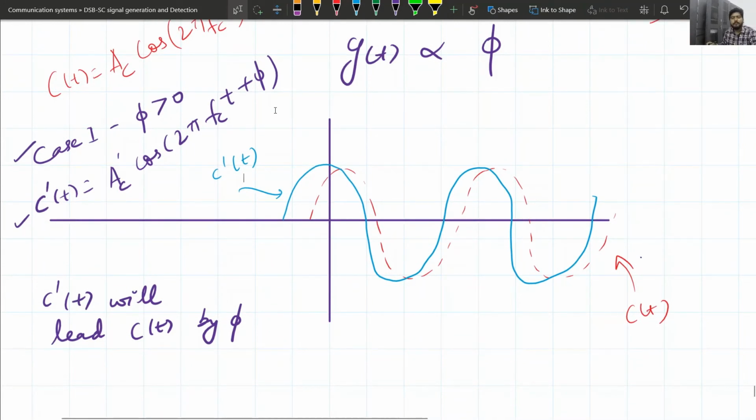Now, for the purpose of synchronous detection, the condition is that phi must be 0. In that case, what will happen?